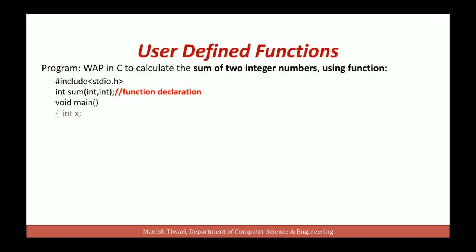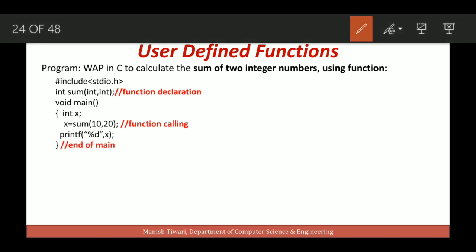Then we can define our main function, and in main we are calling this function sum by passing two integers. That means this function is taking two integers, 10 and 20, as input.